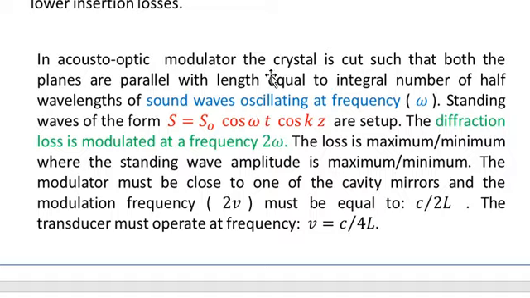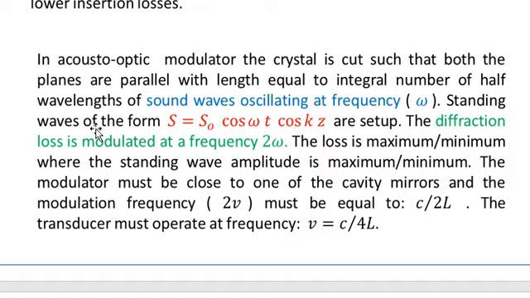In the acousto-optic modulator, the crystal is cut such that both planes are parallel, with the length equal to an integral number of half wavelengths of sound waves oscillating at frequency omega. So the oscillating frequency of the sound waves that we are producing is omega, and the separation between the two parallel planes should be equal to an integer number of half wavelengths of the sound waves that we are using.